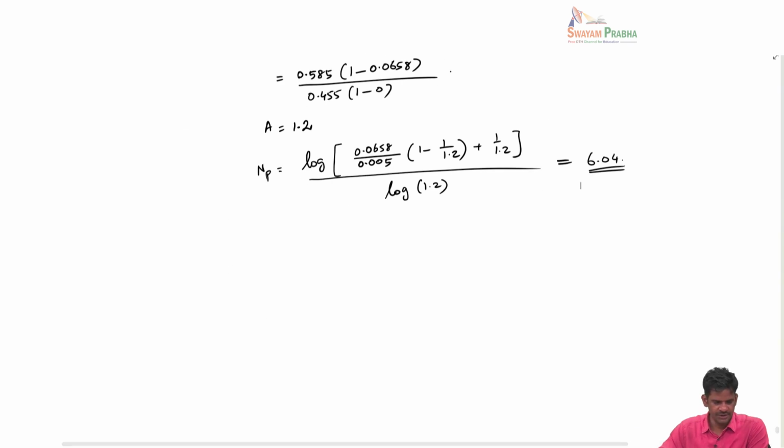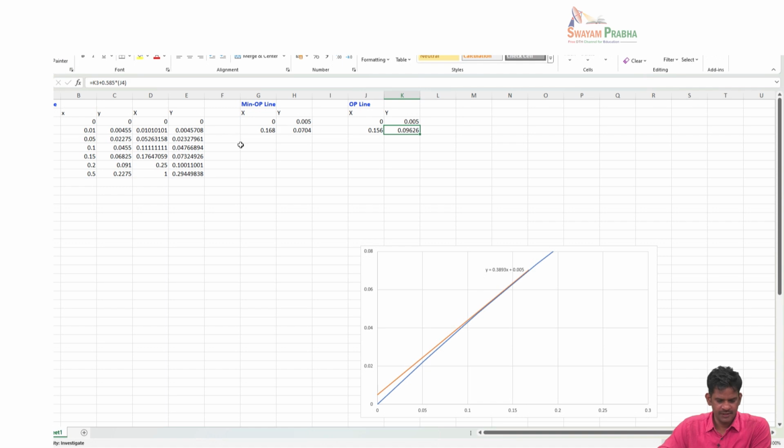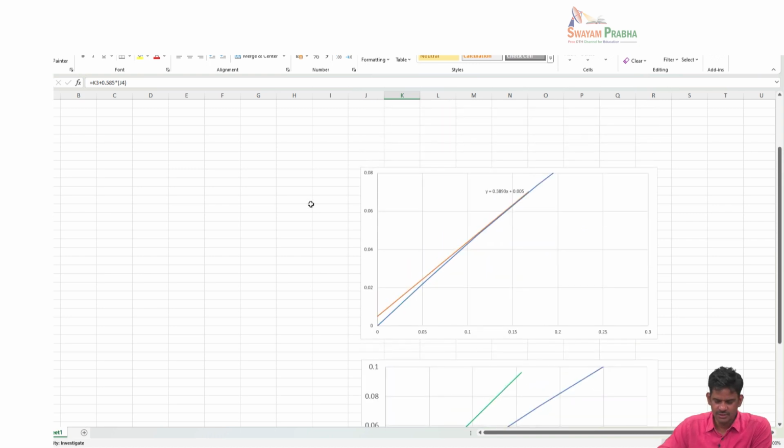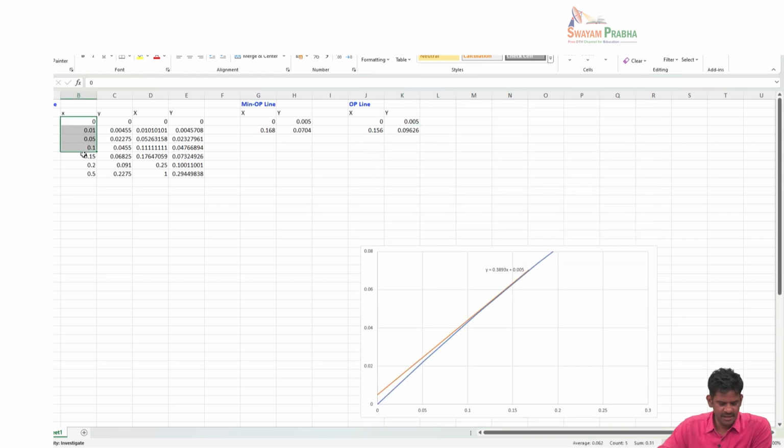And now how do we do this graphically? So first what you need to do is, for the graphical solution you need the equilibrium line and the operating line. Okay. So for the equilibrium line I am taking x values, some x values 0, 0.01, 0.05 and so on.